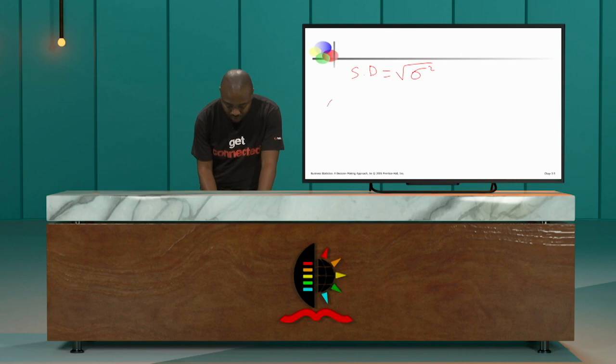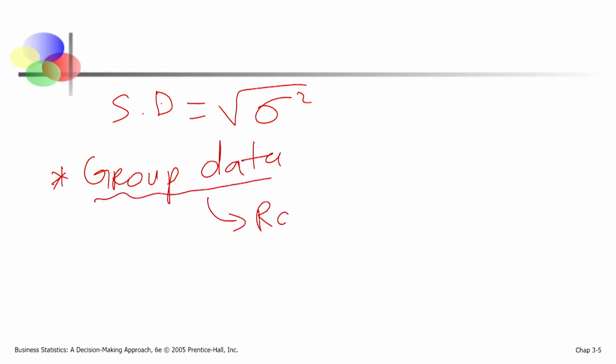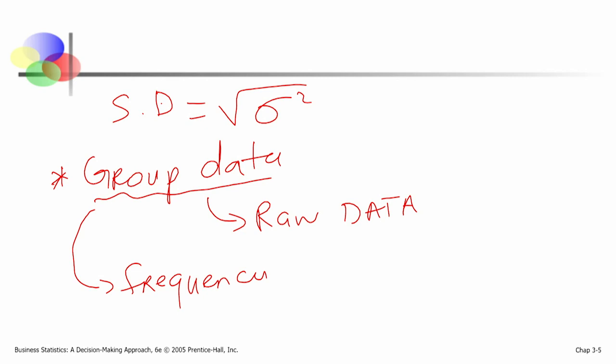So you also have what is known as group data, which is what I'm interested in the most. Now, group data comes from raw data, right? How do you see group data? Group data can be presented in the form of a frequency table, where a frequency table will have your class limits.